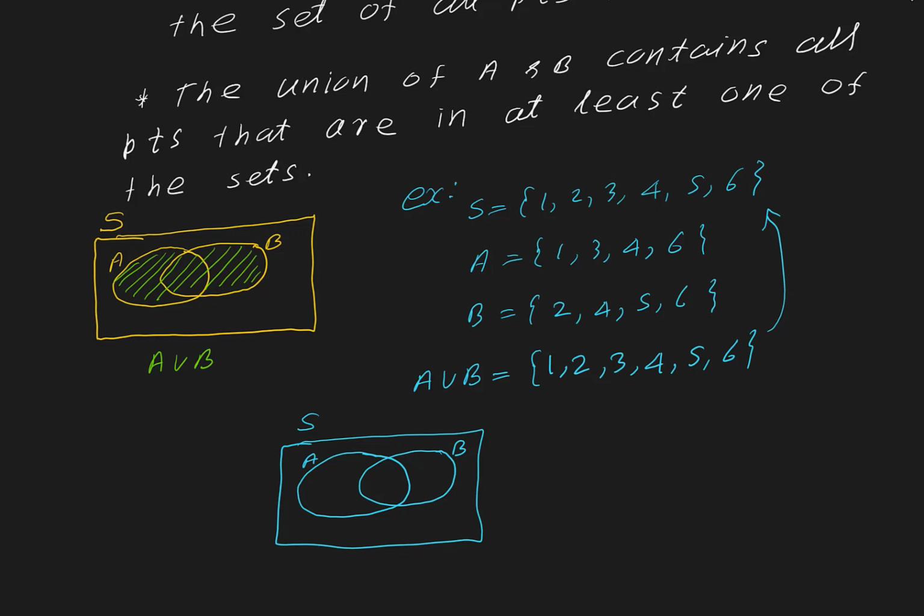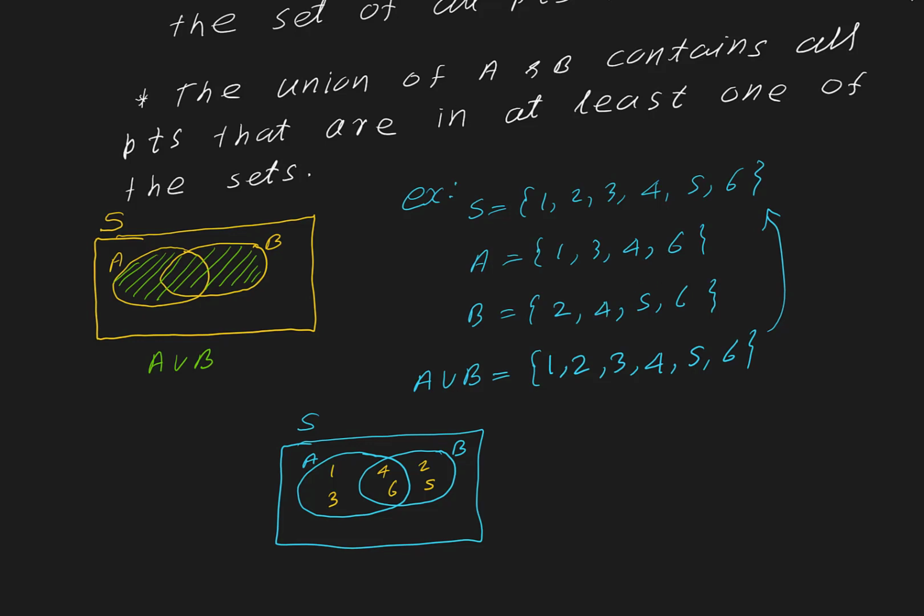So I write 4 and 6 in this range because this is the common area for both A and B. Then go to A. We already have 4 and 6, but we need 1 and 3, only for A. Similarly, 4 and 6 are in B, and we need 2 and 5, which are only in B. So outside we don't have any element.